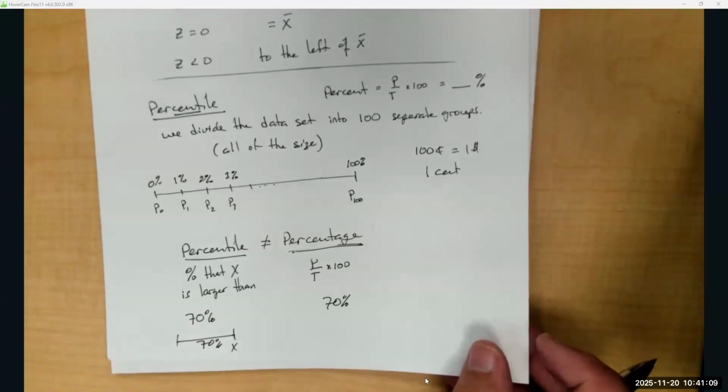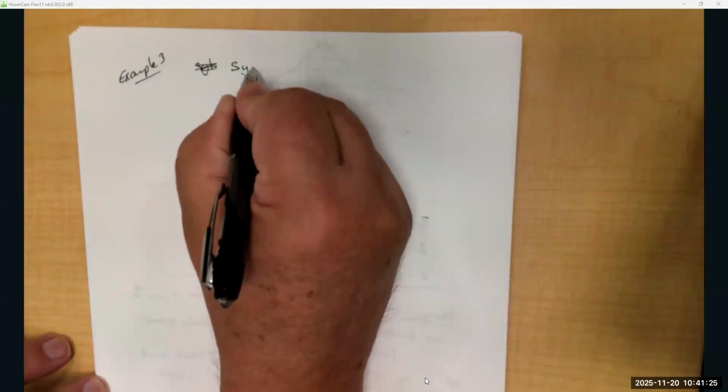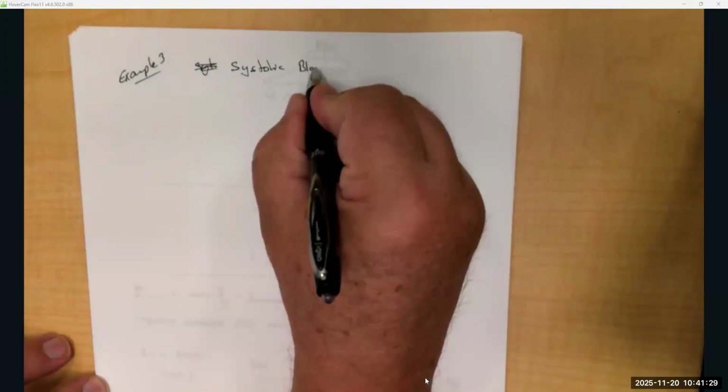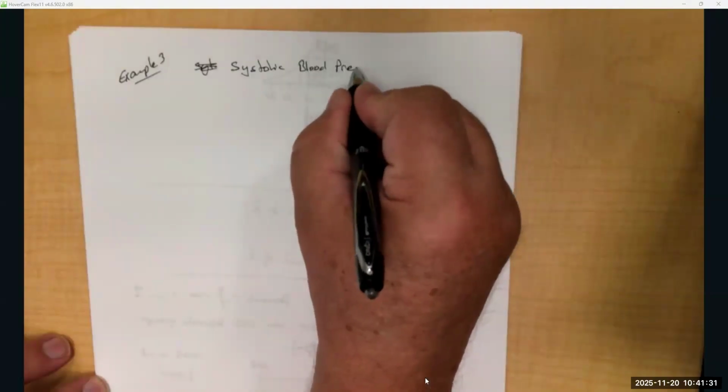Oh, on your sheets, we have the blood pressure example. Systolic blood pressure.